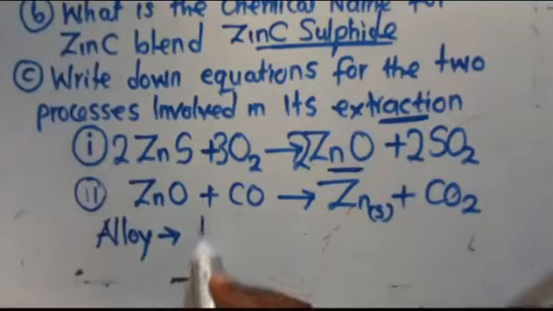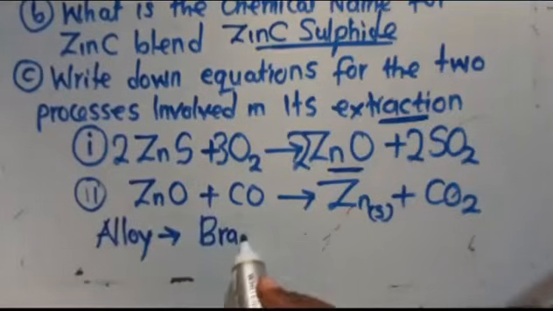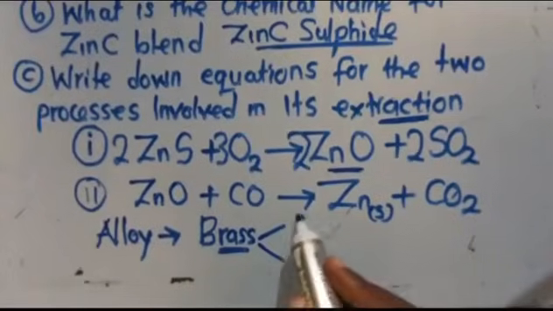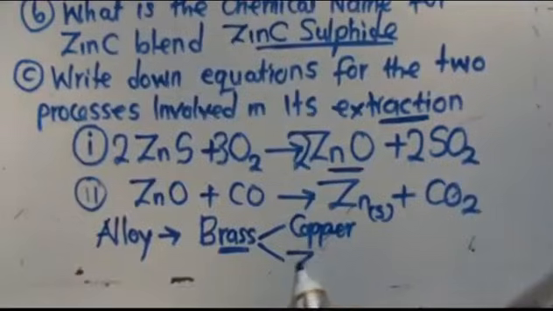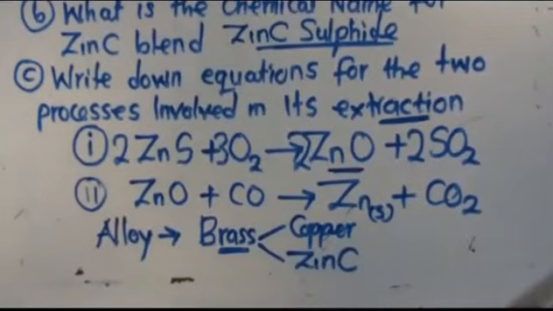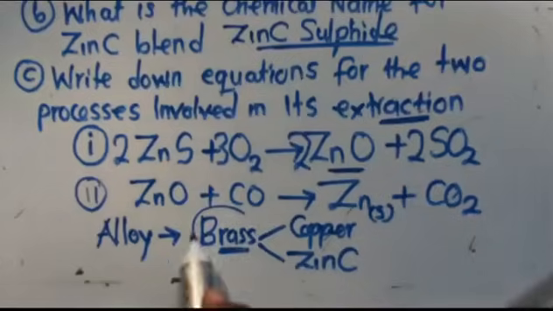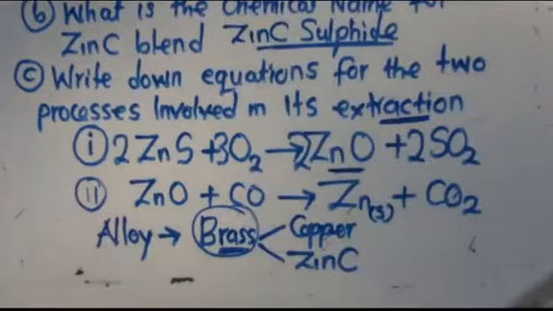Brass is an alloy that contains two elements, copper and zinc. So zinc is being used as part of the reagents that form what? Brass.